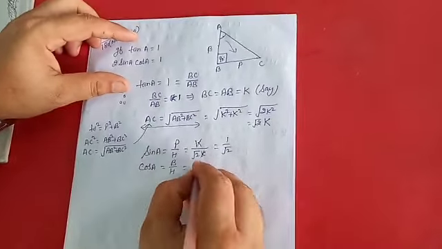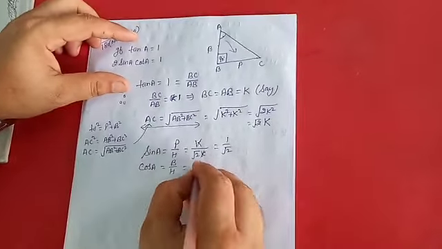ABC is a right angle triangle, right angle at B. AB equal to 24 centimeters. BC equal to 7 centimeters. So first find out AC.